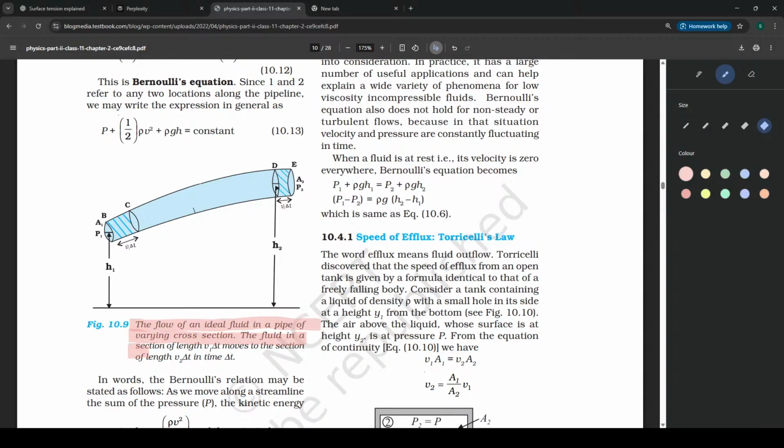The fluid in a sectional length v1 delta t moves to a section of length v2 delta t in time delta t. This is basically a pipe with this kind of varying shape. At the initial position the height is h1, and at the second position the height is h2.